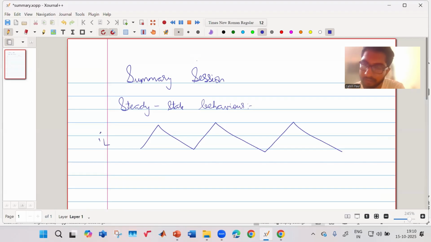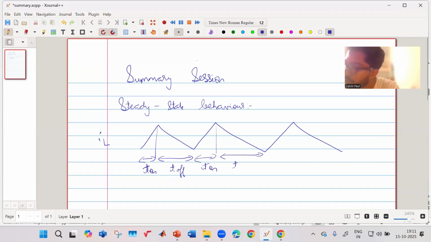This is your current, you have a ripple. This is the time. This is your on time, T on. This is your T off. This is your T on again, and this is your T off. So in steady state, we want the current to look like this. This is how the current will look once it reaches steady state.